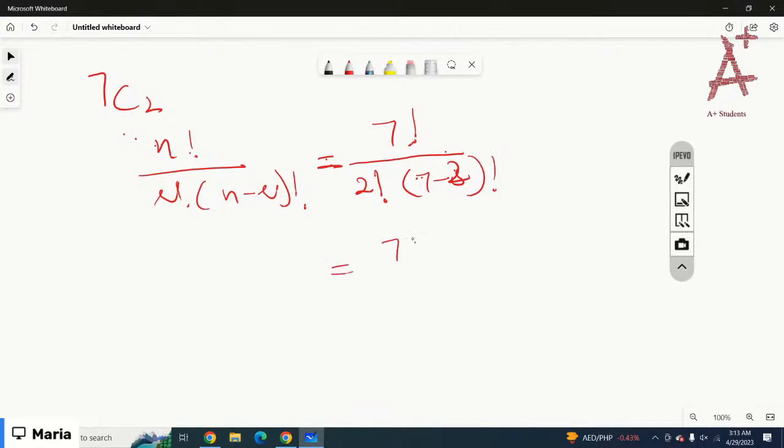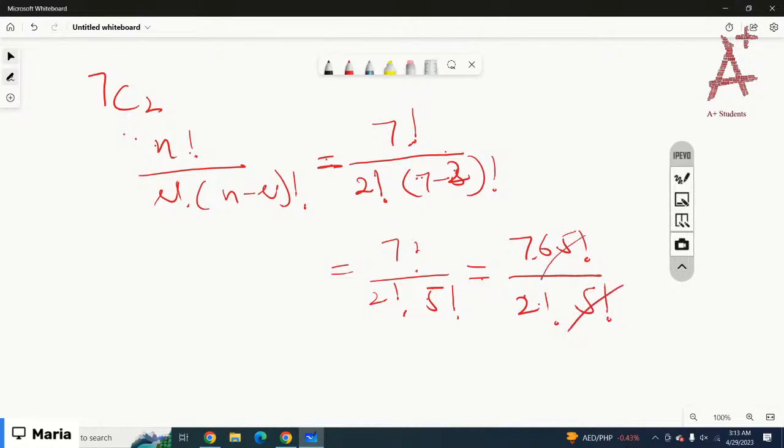It would be 7 factorial over 2 factorial and 5 factorial. Got it? So 7 times 6 times 5 factorial over 2 factorial and 5 factorial. You can cancel out 5 factorial and 5 factorial. So 7 times 6 is 42 and 2 factorial is 2. So it would be 21. Got it? That is the difference between the combination and the permutations.